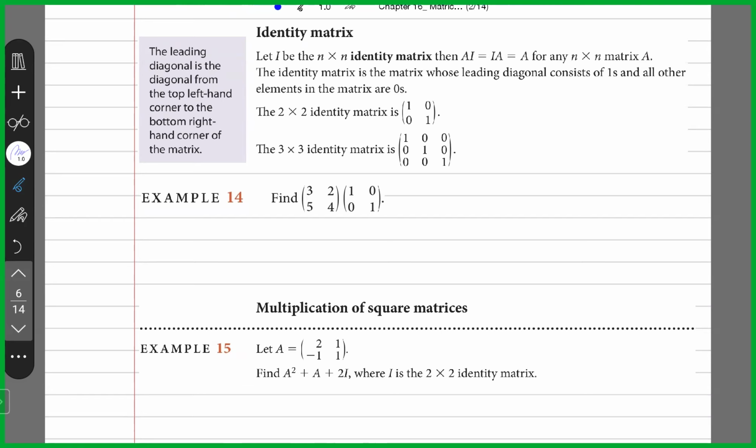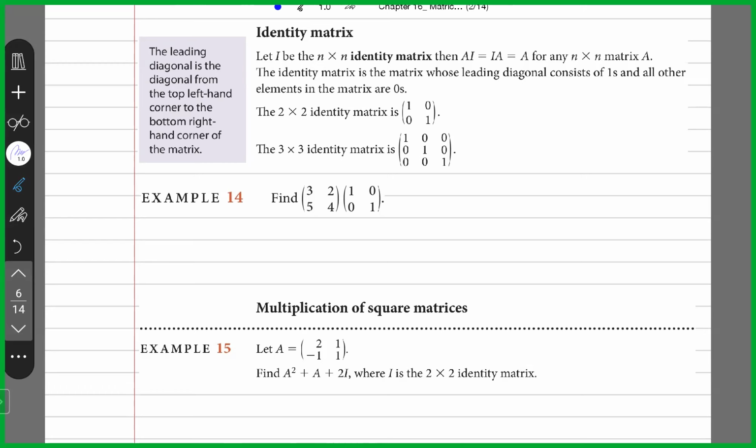Then AI is equal to IA is equal to A for any n by n matrix A. So the identity matrix is a matrix whose leading diagonal elements consist of 1, and all other elements in the matrix are 0.